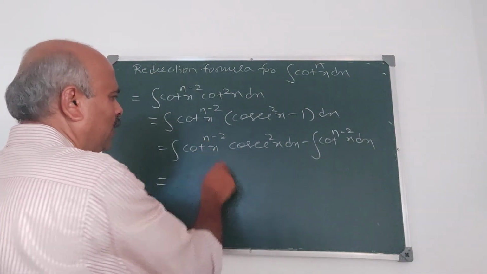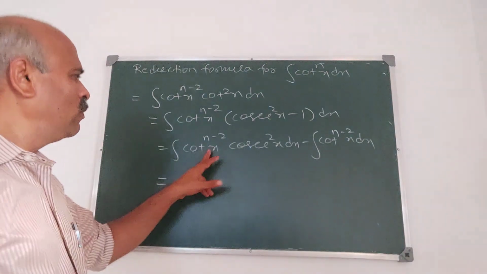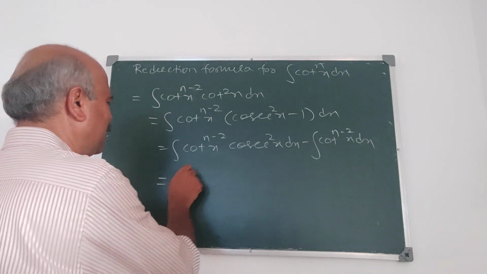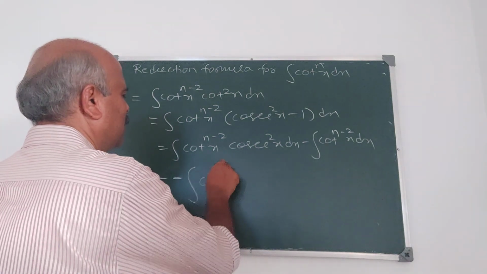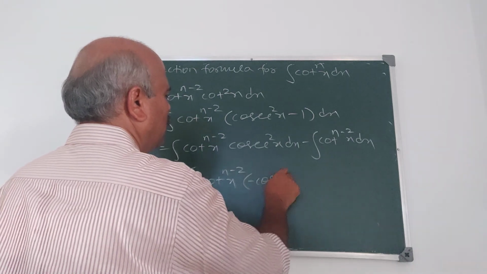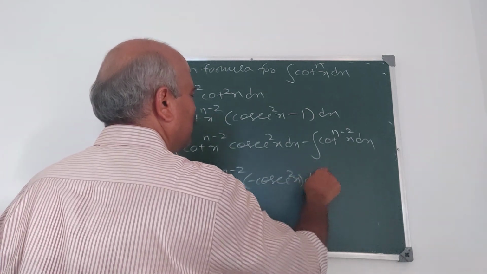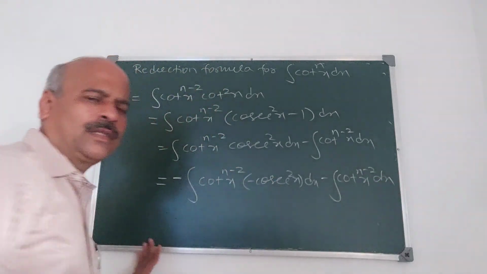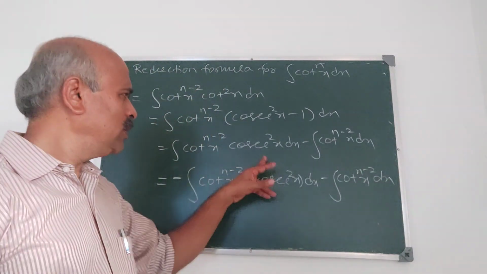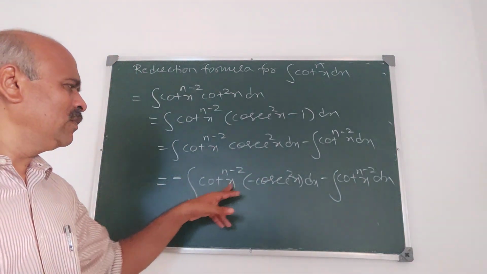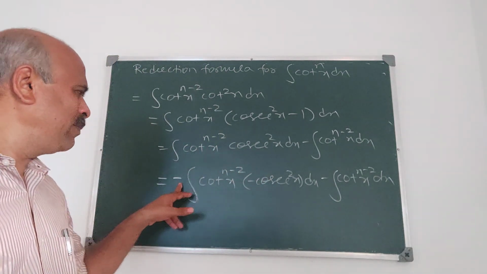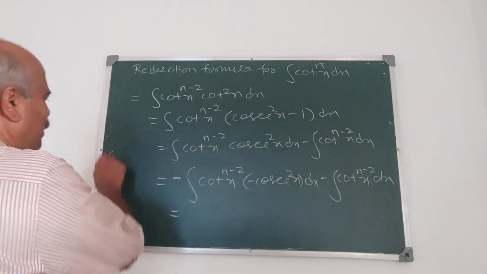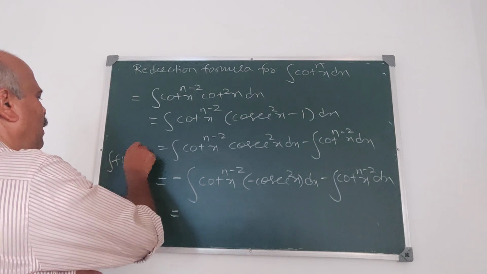Now, if you take cot x as f x, what is the derivative of cot x? Minus cosec square x. Therefore, I write this as minus integral of cot x raised to n minus 2 into minus cosec square x dx minus integral of cot x raised to n minus 2 with respect to x, because the derivative of cot x is minus cosec square x. Now it is in the form f of x raised to n into f dash x.